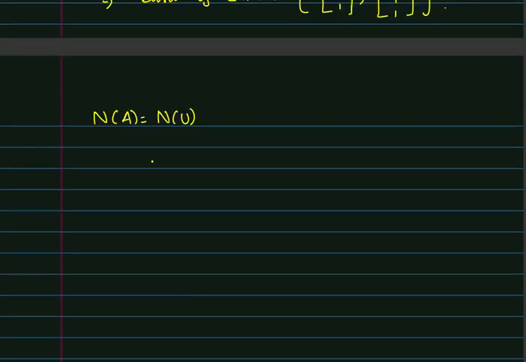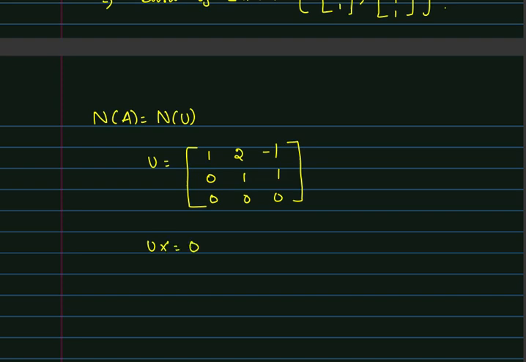So U is 1, 2, minus 1; 0, 1, 1; 0, 0, 0. This is my U.